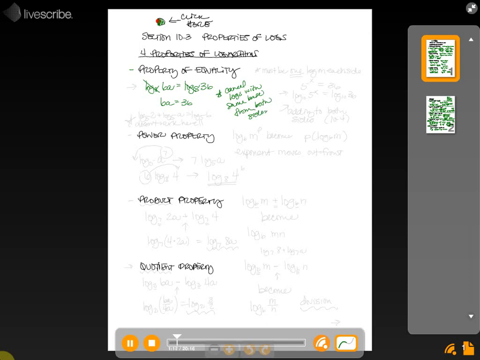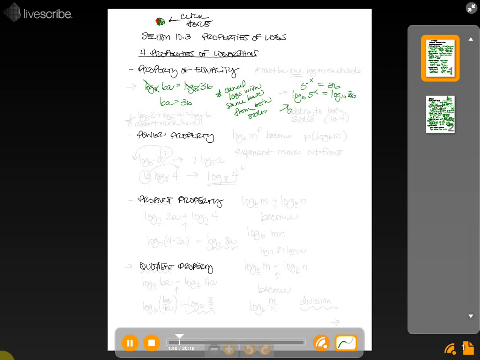Now, not only does it allow you to cancel them, but you could add them if you wanted. So suppose we had a problem like this: 5 to the x power equals 36. What this says is that we could add a log to both sides. So suppose we say log base 10 of 5 to the x equals log base 10 of 36.